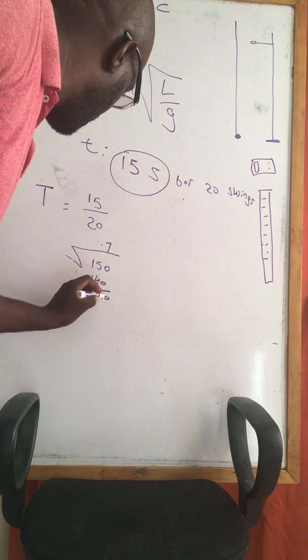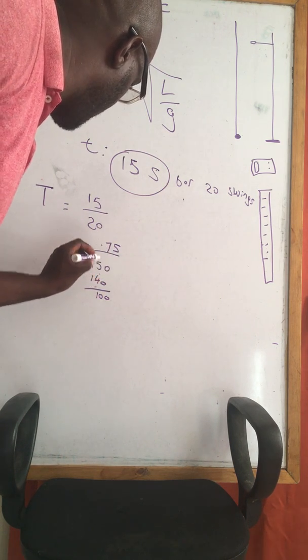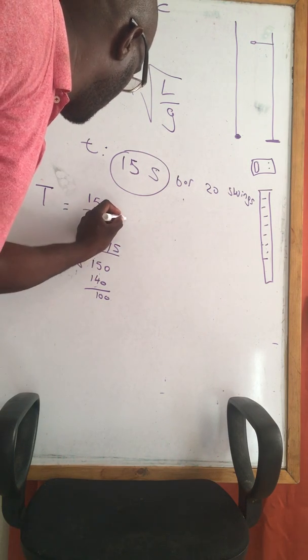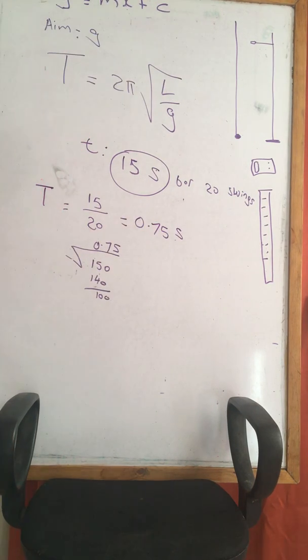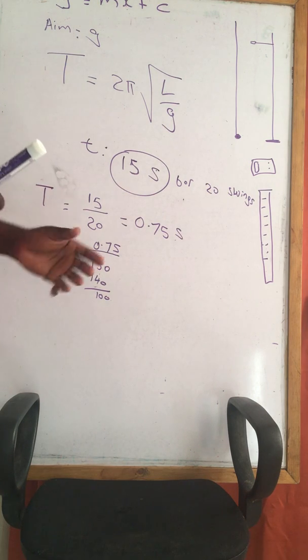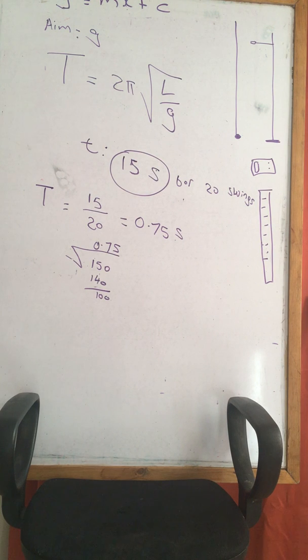And then we drop our next 0 right there, and we say that 20 into that goes 5 times. So big T is equal to 0.75 seconds, and that is the time for one complete oscillation. So basically what we do is take an average, and when we take an average, we eliminate our random errors as best as possible.